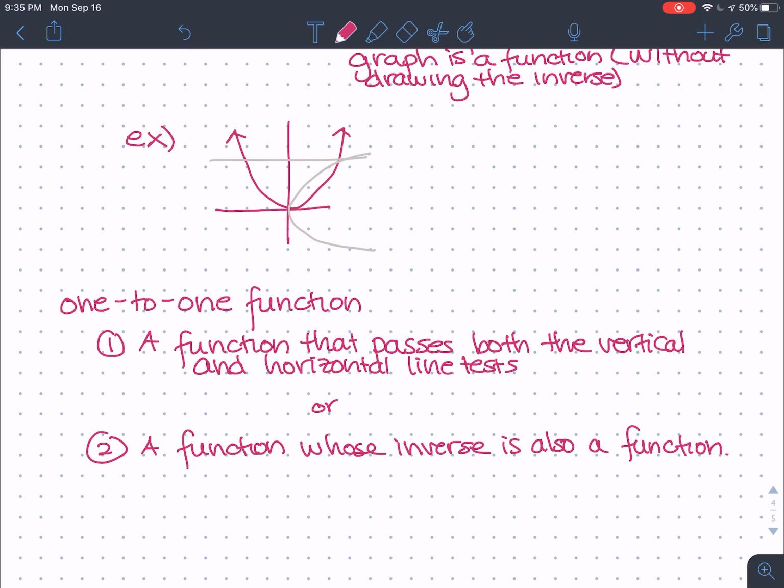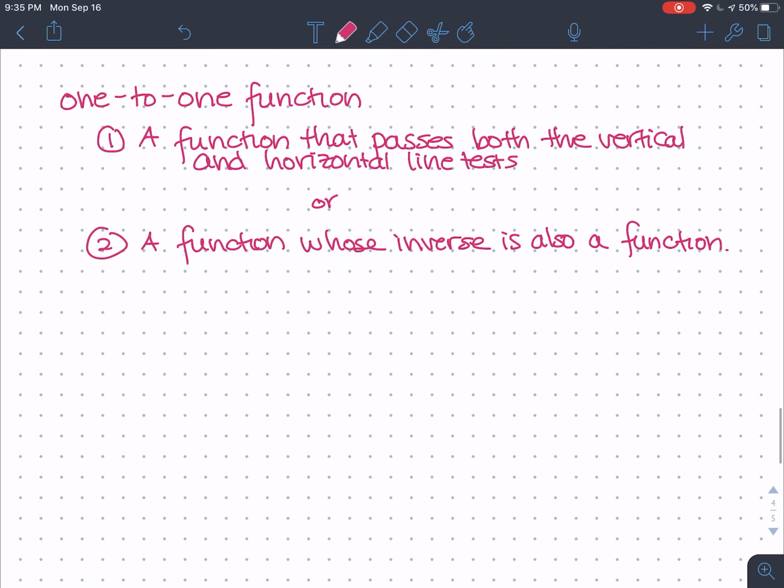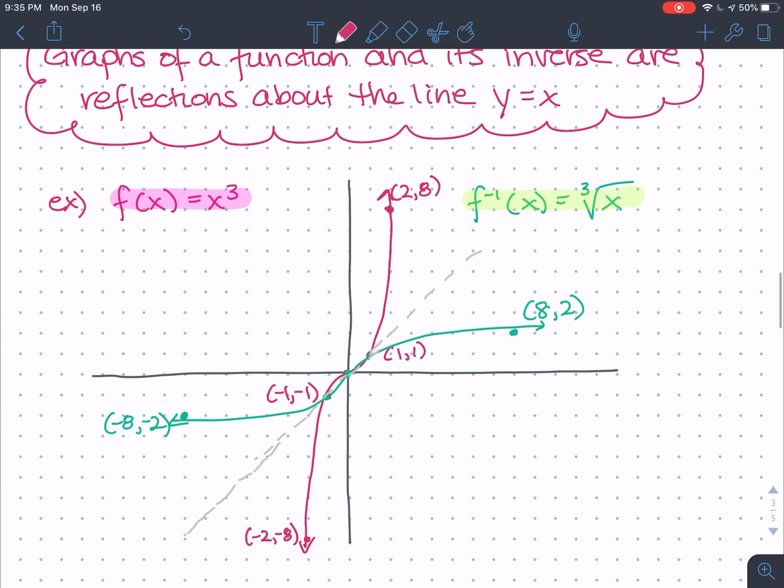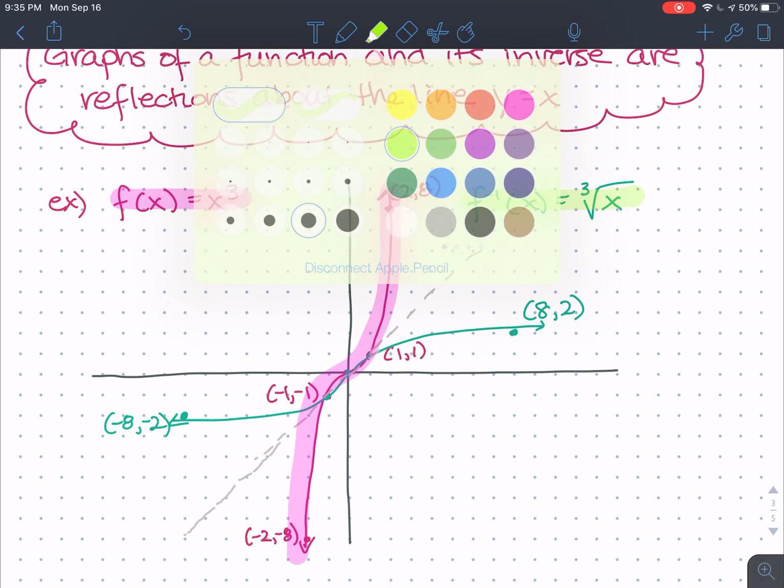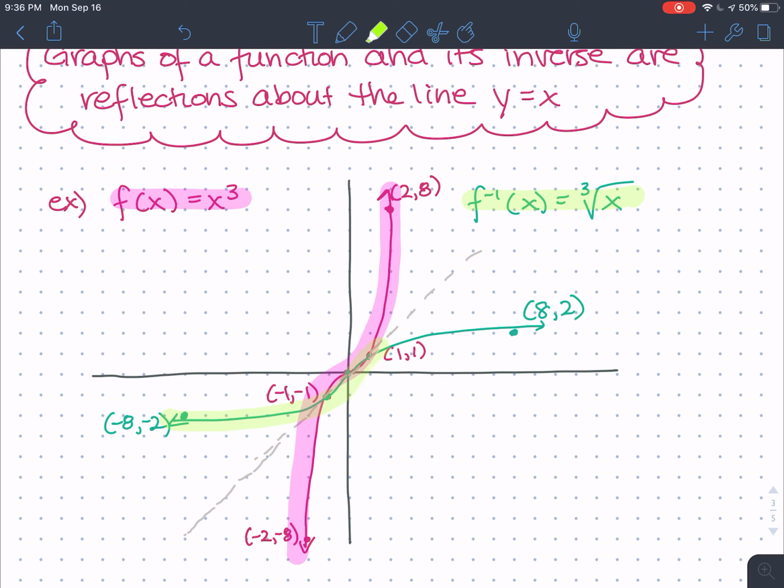Ta-da! And so, for instance, the cubic function, I'm just going to scroll back up to this example. This original cubic function, notice that would pass both the horizontal and vertical line test, and sure enough, its inverse is a function. It worked. It's a one-to-one function. So that's all a one-to-one function is. You'll hear that term used.